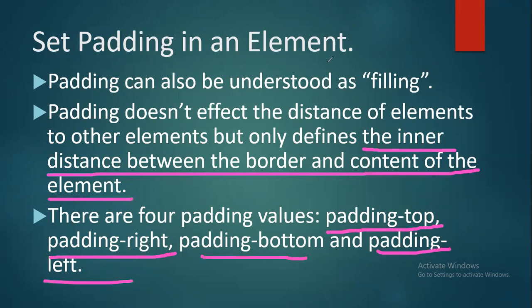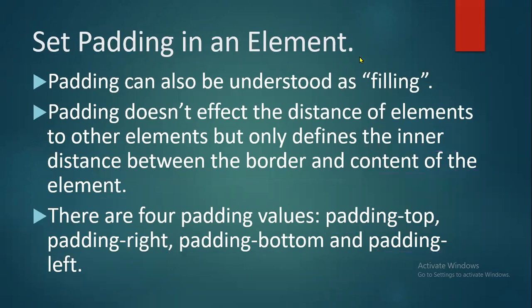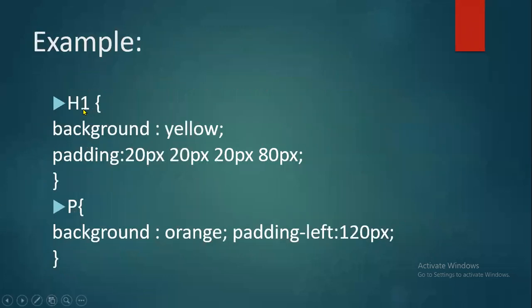Okay, so how we can define the padding, that we'll see in this particular slide. This is one example of padding here. Suppose we wanted to define the padding for the H1 tag. So we have written here the selector name H1, then we have started the curly bracket, then we have defined the background property as yellow so that we can easily differentiate between the margin and the padding.